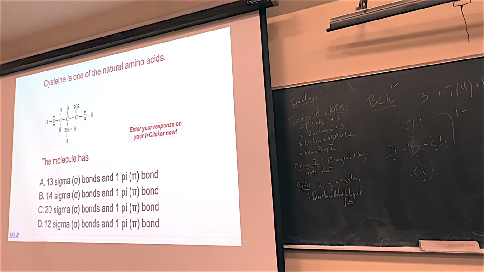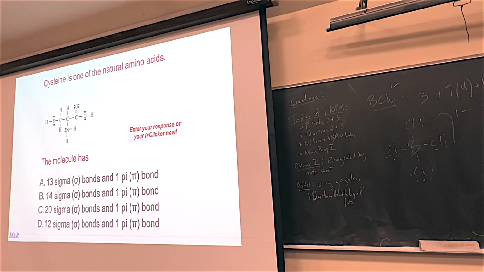That's the sigma bond, all right? But when we make a double bond, the second bond that comes in is a pi bond. So if you see a double bond, that represents a sigma plus a pi bond. Double bond means two bonds. So this right here is both one pi and one sigma, all right?